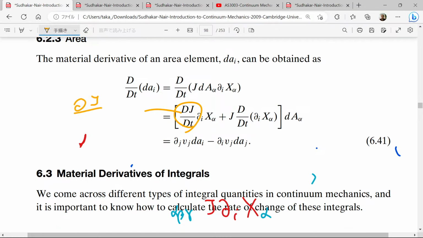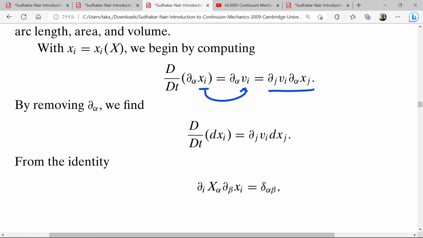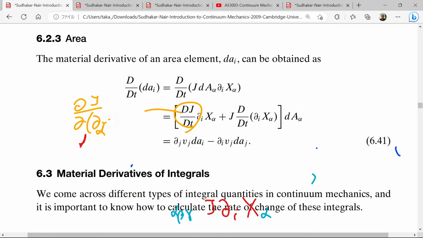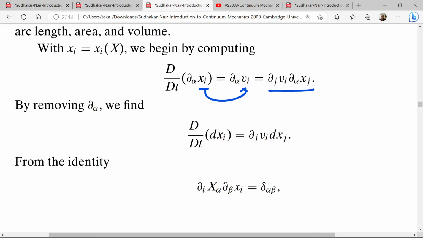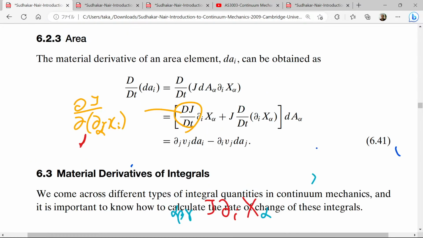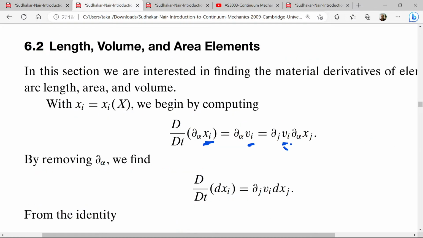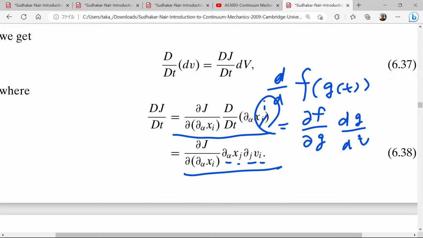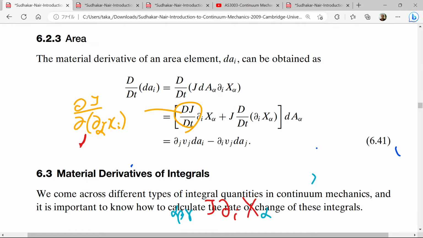Partial j, partial I, alpha xi, alpha xi, then partial j, partial alpha, partial xi, d dt, and this final part becomes this alpha j jvi times alpha j jvi. Am I correct?